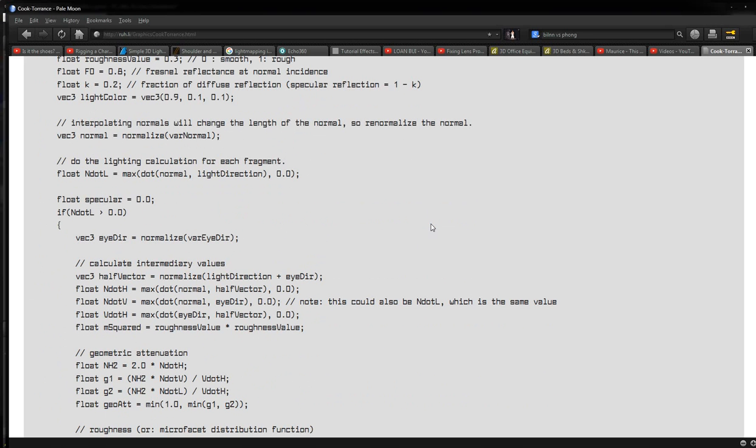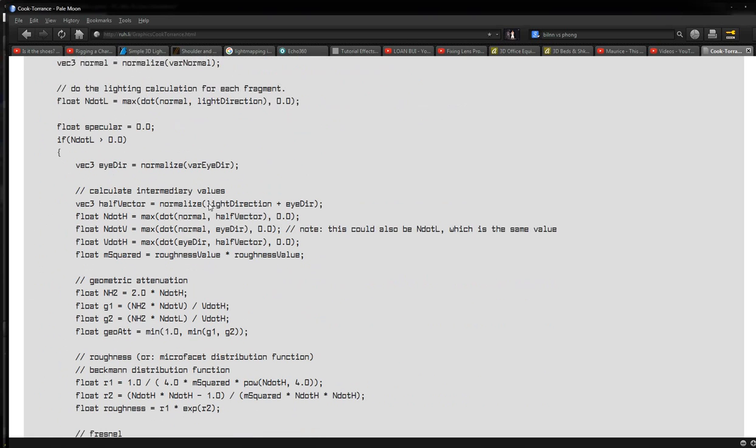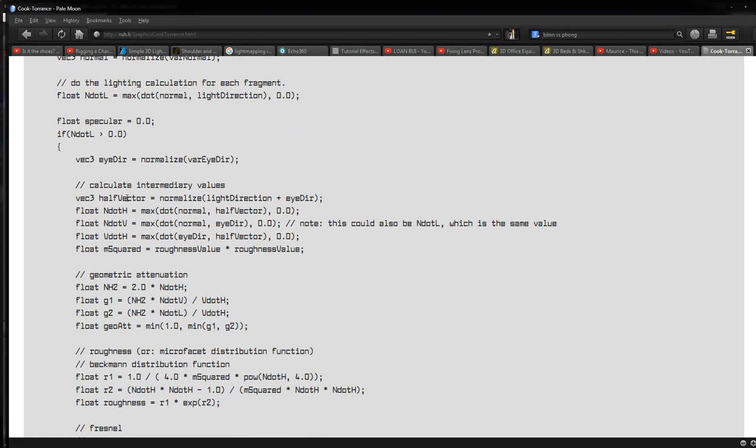What's important is we start with the n.l, start defining n.l, and then we start calculating n.v, n.h, the half vector.